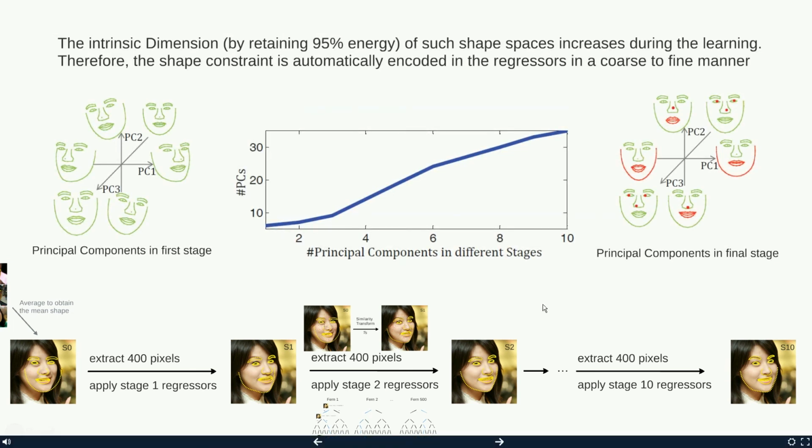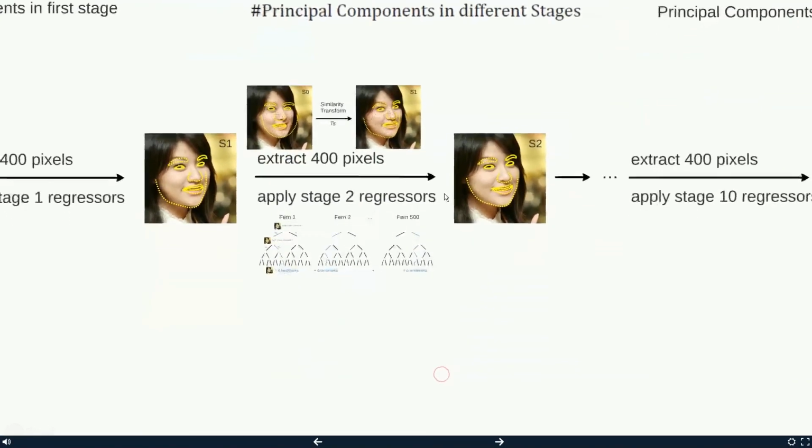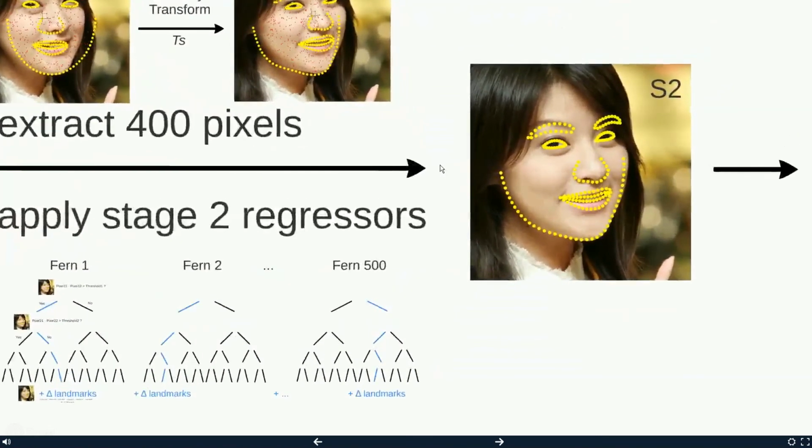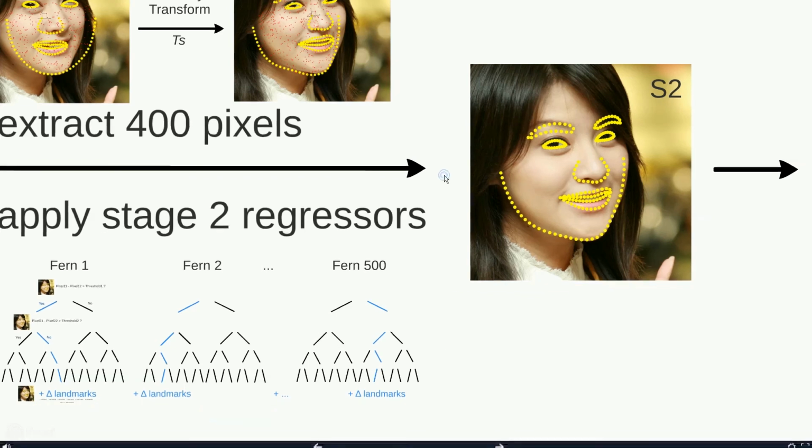Here are just some comments on the method. Remember that the current shape is always a linear combination of the training shapes, and it's a result of the average shape adding all the deltas. So we take all the deltas of a stage and we do principal component analysis on it.